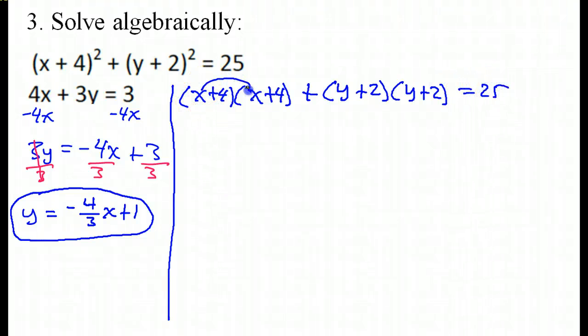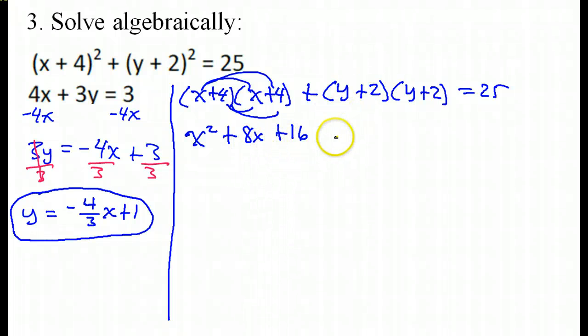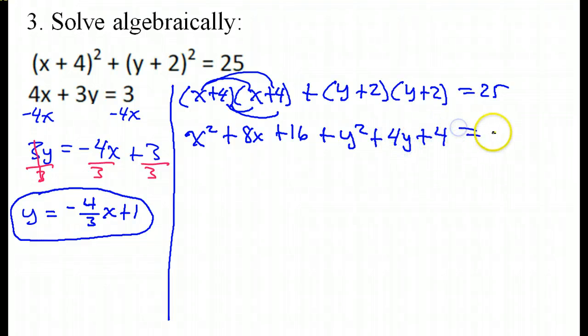If you multiply all this out, doing the double distributive property, you're going to wind up with x squared plus 8x plus 16. The 8x came from the 4x outer and then the 4x inner. And similarly over here I'm going to get y squared plus 4y plus 4 is equal to 25.